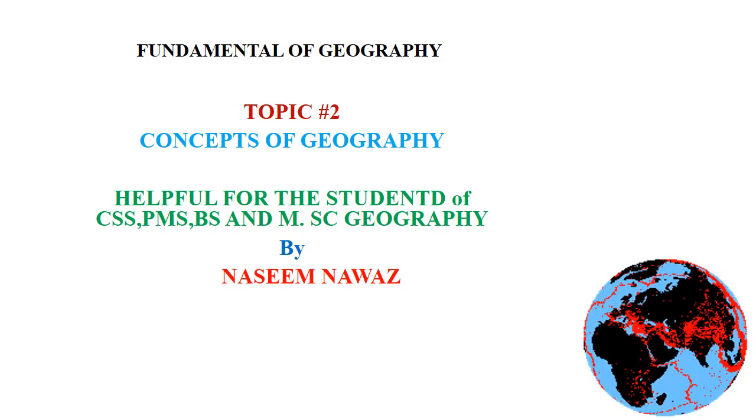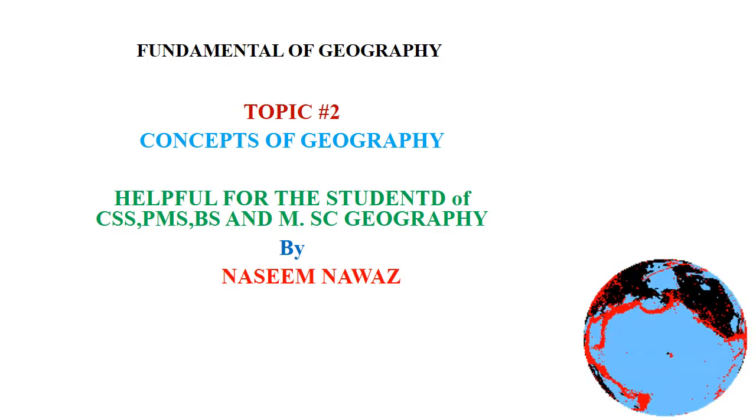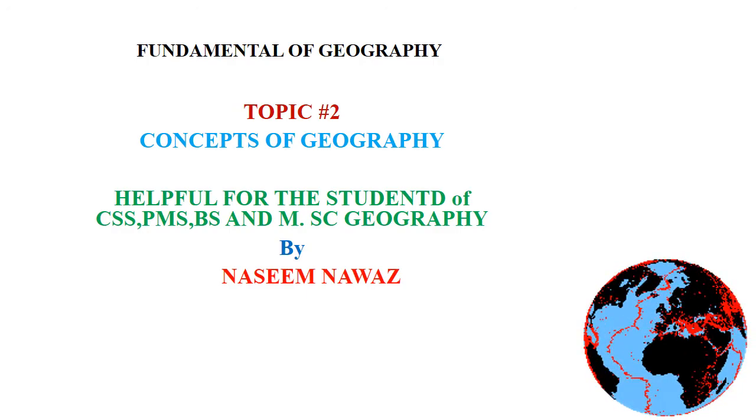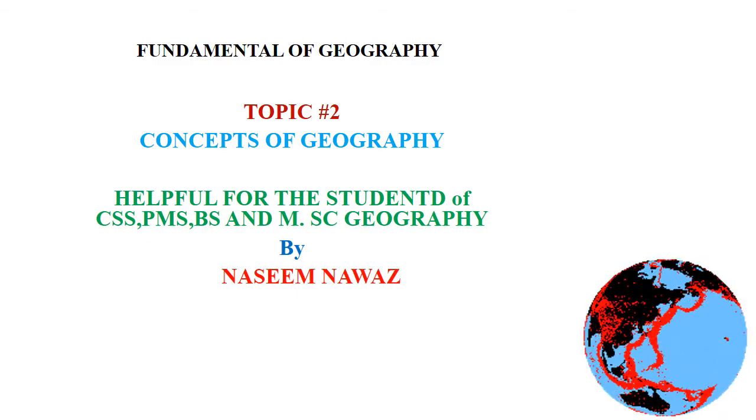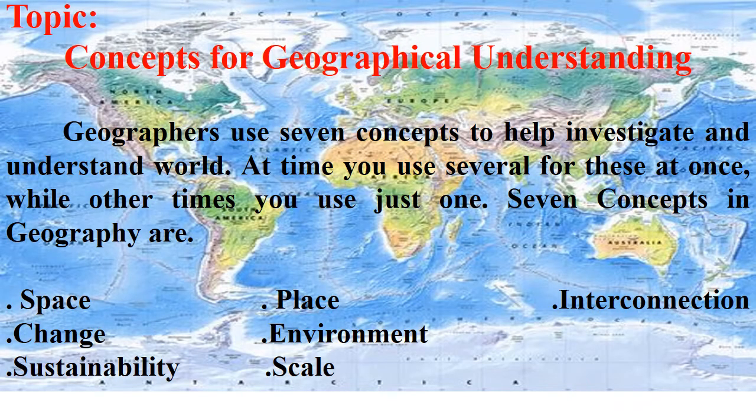As our topic is concepts of geography, now we explain in detail the concept of concepts for geographical understanding. Geographers use 7 concepts to help investigate and understand the world.